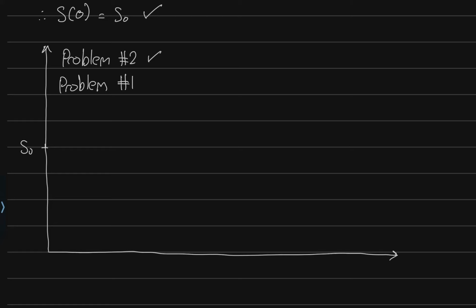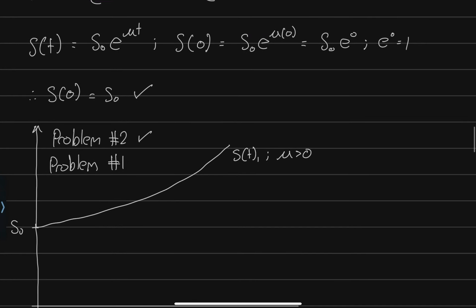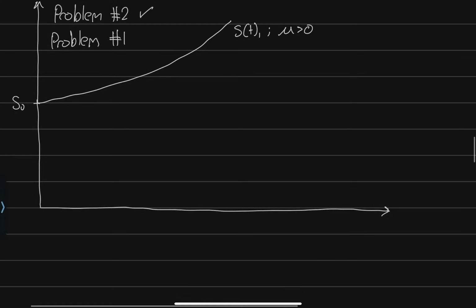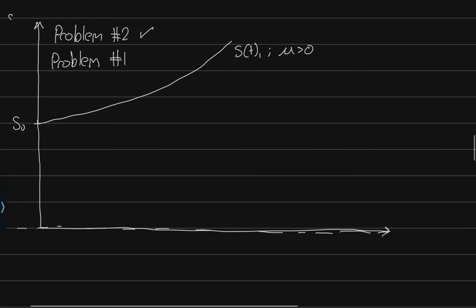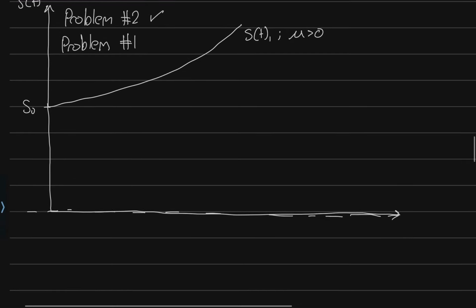So if this is our initial stock price, then we know as a consequence of problem number 2 that our stock price is actually going to be geometric. So let's say this is stock price 1 with mean returns greater than 0. Now, our model is e to the power mu t. This is going to be what we're focusing on, right? And an exponential function actually has an asymptote at y equals 0, or in this case, s of t is equal to 0, or our stock price is equal to 0.